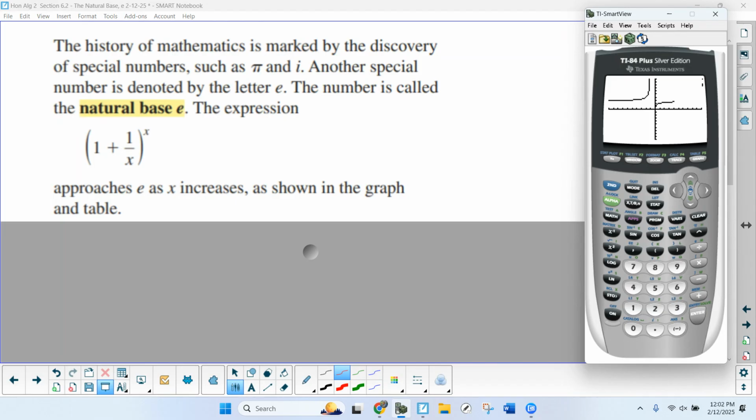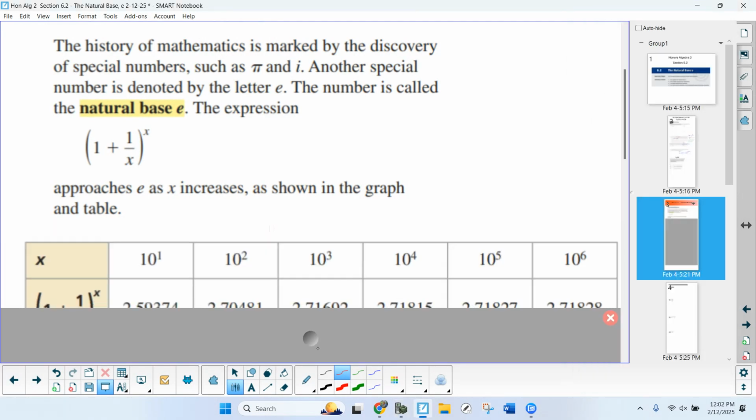If I put this in my graphing calculator and I do a zoom 6, you can see these two pieces of the graph. Now, we mostly talk about as we approach positive infinity, but it does work in both directions. As I go out towards positive infinity, as I look at my table, and I'll talk about those two numbers that say error in a minute, now it's 2.25, 2.37, 2.44, 2.48, 2.52, 2.54, 2.56, 2.58, 2.59, and you keep going.